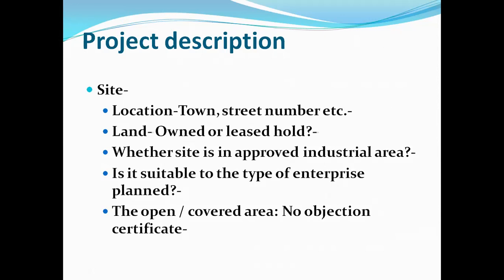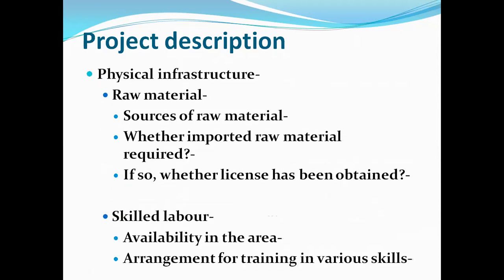So such kind of things. The open or covered area, no objection certificate from the agencies. Then physical infrastructure, what will be the raw material availability, sources, whether you are going to import it or not. Getting, and if some raw material requires some licensing procedure, whether you have done this process or not.